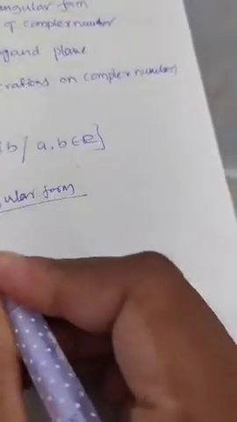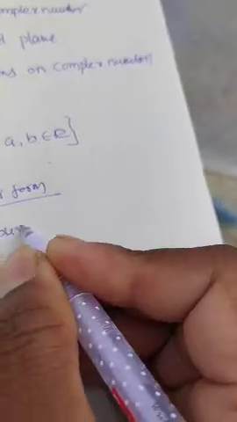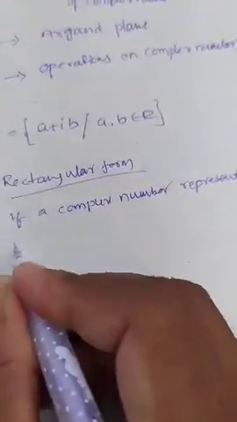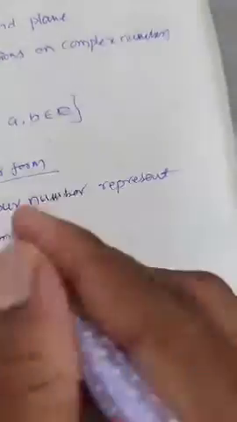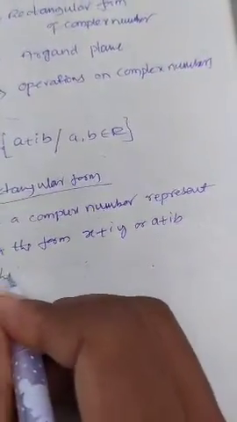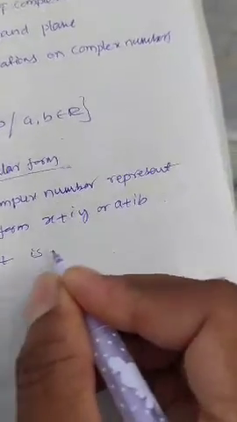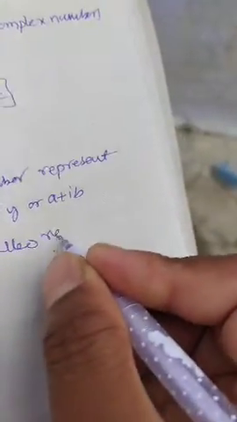Rectangular form. If a complex number is represented in the form x plus iy, or a plus ib, then it is called the rectangular form of complex numbers.